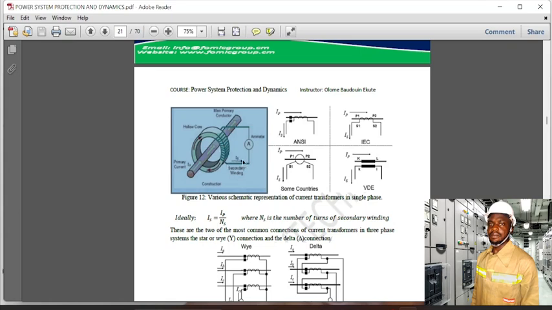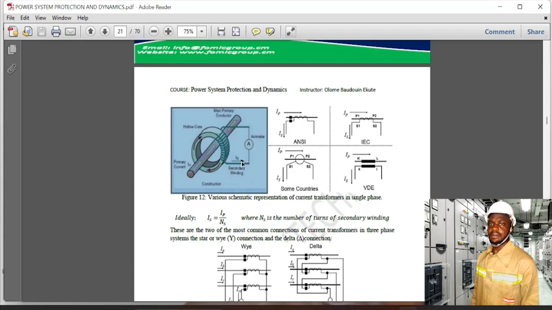That secondary current is what you utilize to determine the primary current on the line, because the secondary current here has a lower value.